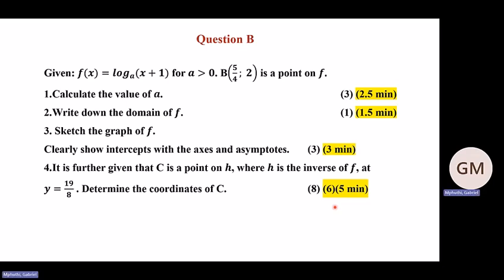So our first question here, we need to calculate the value of a. We need to write down the domain of f. We need to sketch the graph of f, clearly showing the intercepts on the x-axis and asymptotes. And also we are given further that C is a point on h, where h is the inverse of f.